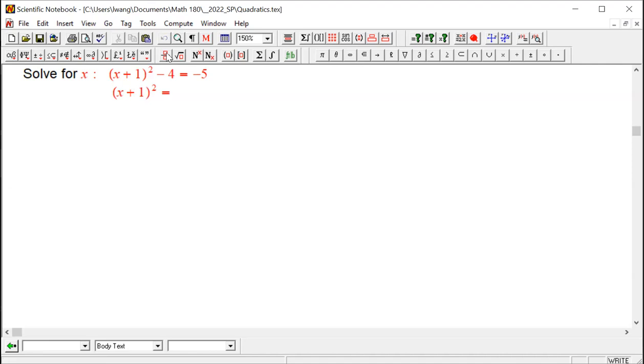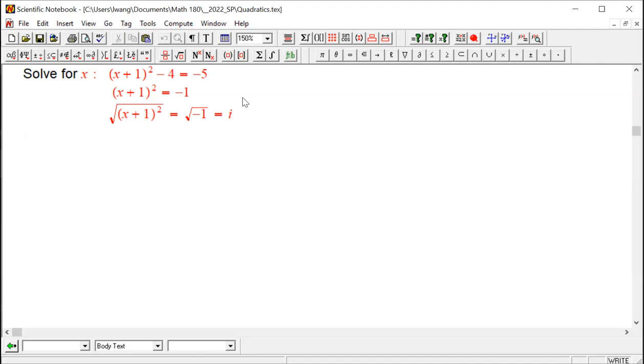So we add 4 on both sides, so we have negative 1. If we take square root on both sides, what will happen on the right-hand side? Yes, we are going to encounter i, that imaginary number.